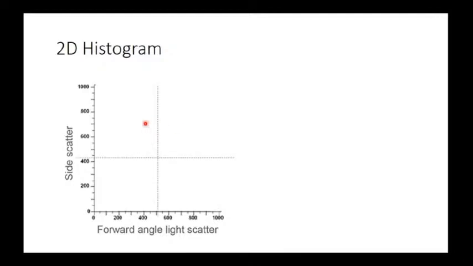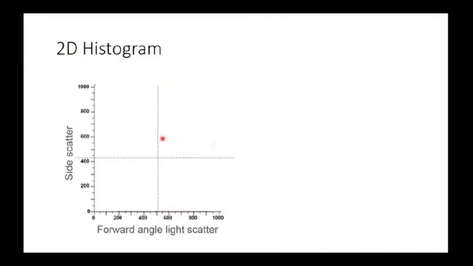So I have here 4 quadrants. If the cell appears in the lower quadrants, it means that it has a low signal on the side scatter detectors, which means that the cell is simple. If the cell appears in the upper half, it means that it gives a high signal on the side scatter detectors, so it means that the cell is complex.